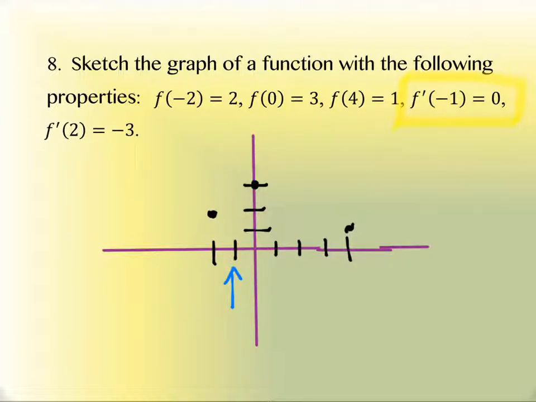The graph is supposed to be going downhill, but I'm going to give another option. I think it might be easier to draw if I do this. Let me do that. Oh, I like that better.